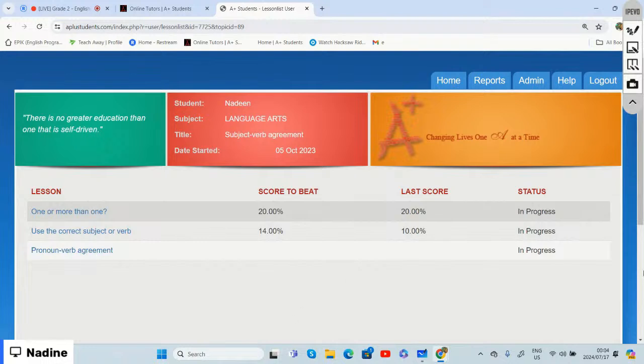And this is a continuation of our previous lesson on subject verb agreement. In our previous lesson, we did one or more than one to use the correct subject or verb. And today we're going to continue.